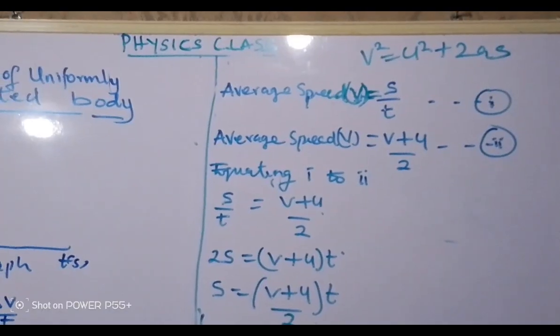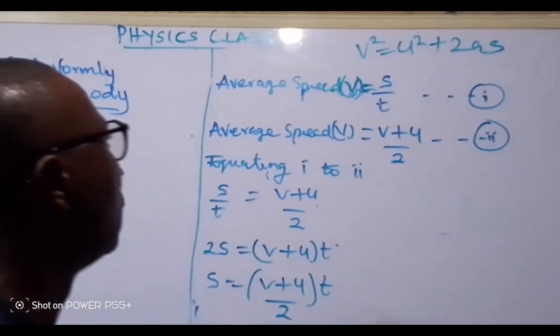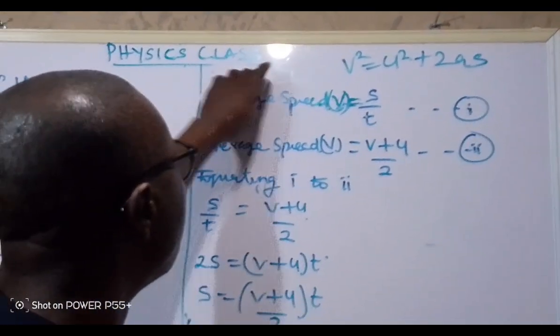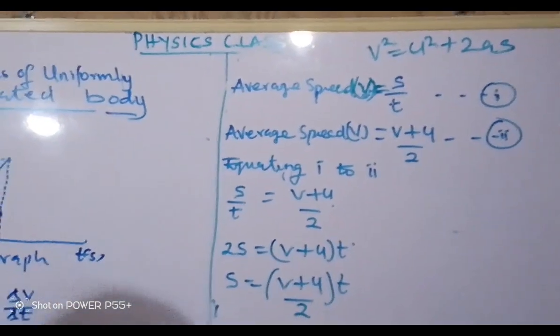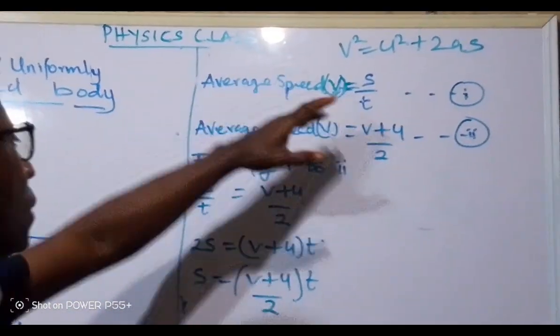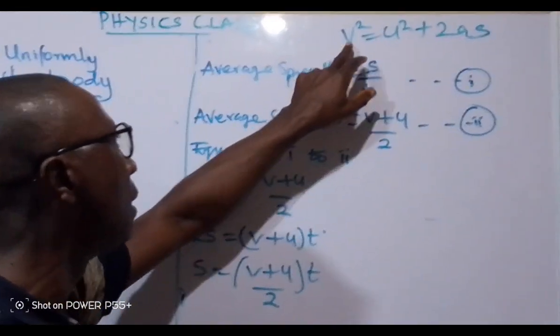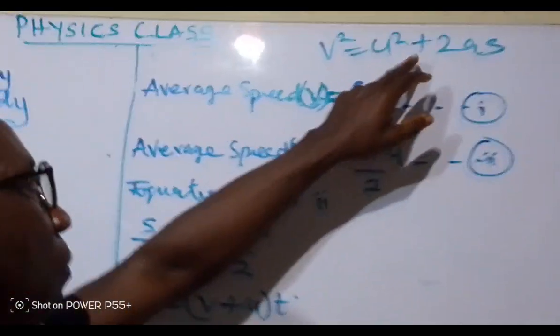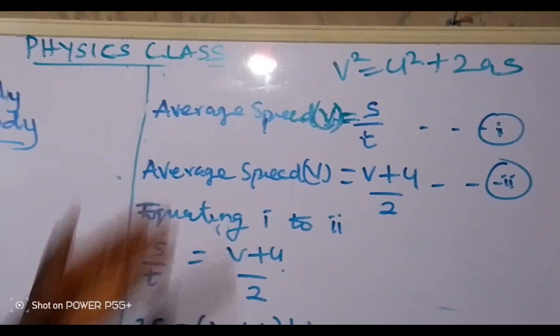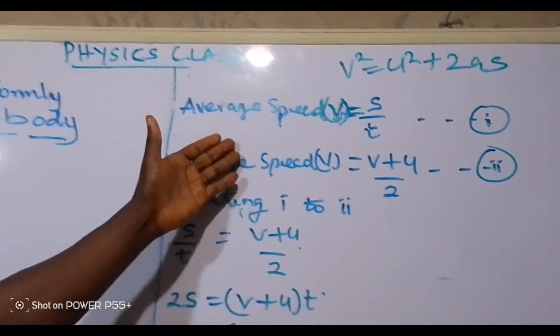Now, for equation 3, we are going to start from where we started equation 2 the other time. And equation 3 is V square is equal to U square plus 2AS. Don't forget, we've done this in the former equation 2.